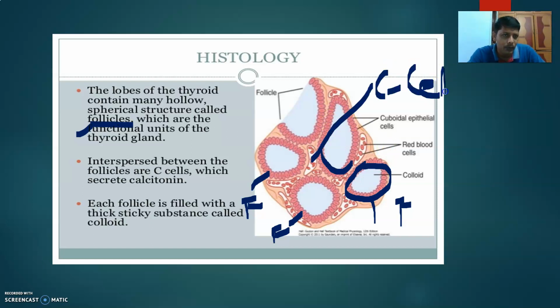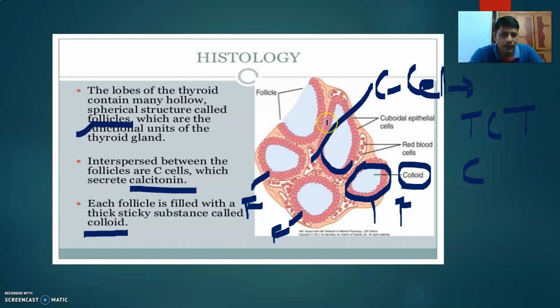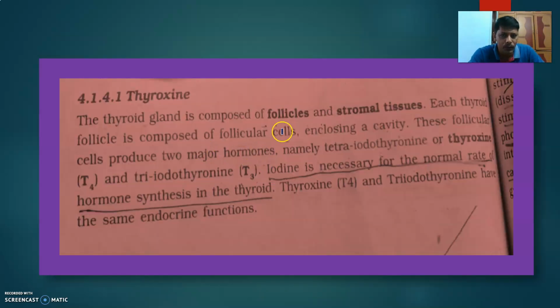These C cells produce one hormone called thyrocalcitonin, TCT, otherwise called calcitonin. Each follicle is filled with a sticky substance called colloid. The thyroid gland is composed of follicles as well as stromal tissue.